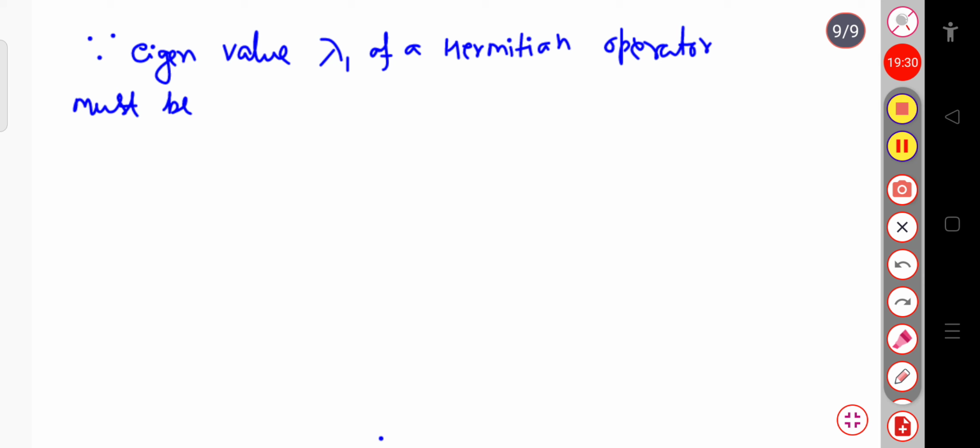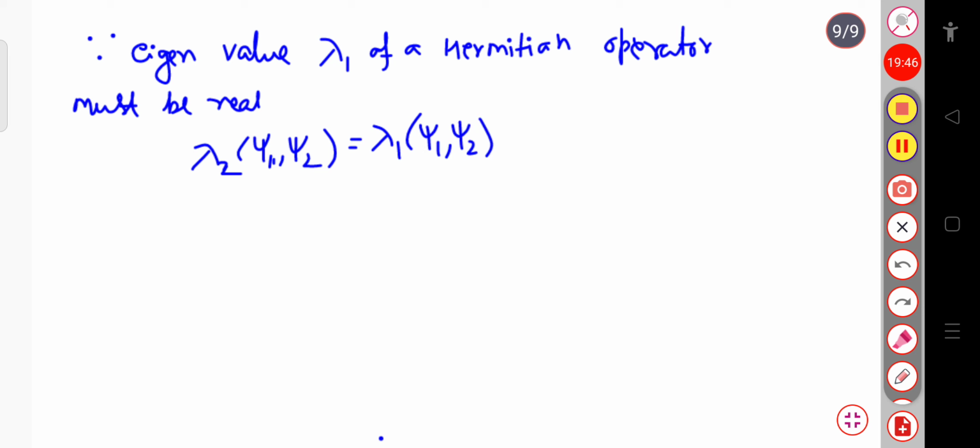So for that case we can write, this is your lambda 2 psi 1 psi 2, that will be equal to lambda 1 psi 1 psi 2. So simply here this lambda 1 star is replaced by the lambda 1.